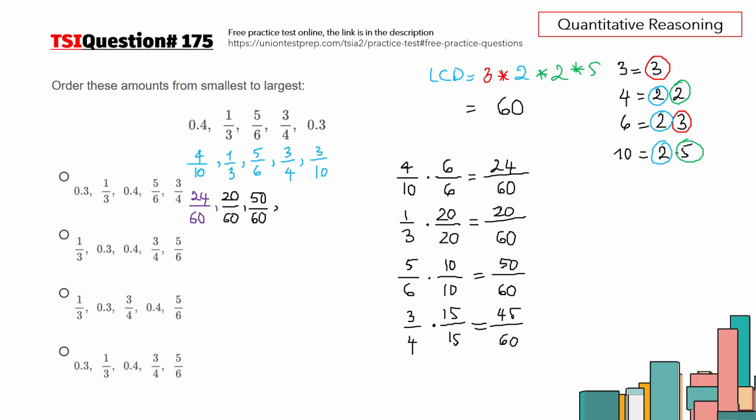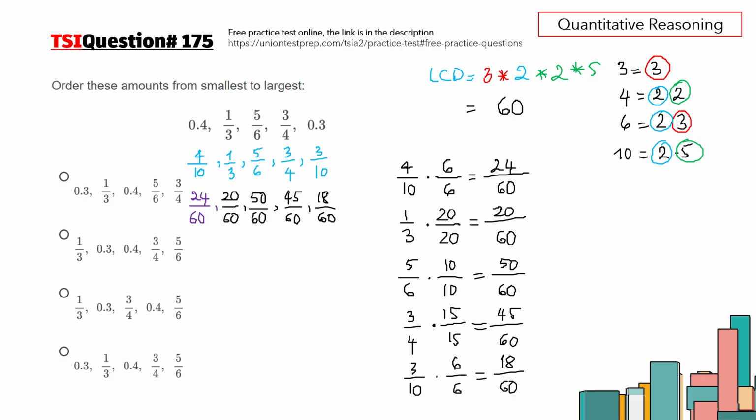The last one, we have 3 out of 10, and we need to convert it. So we need a factor of 6, top and bottom, so this is 18. Now we have a similar denominator for all of the fractions.